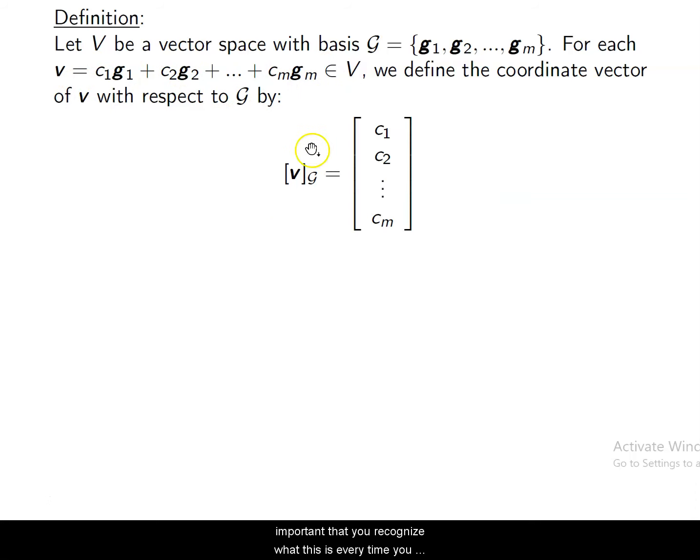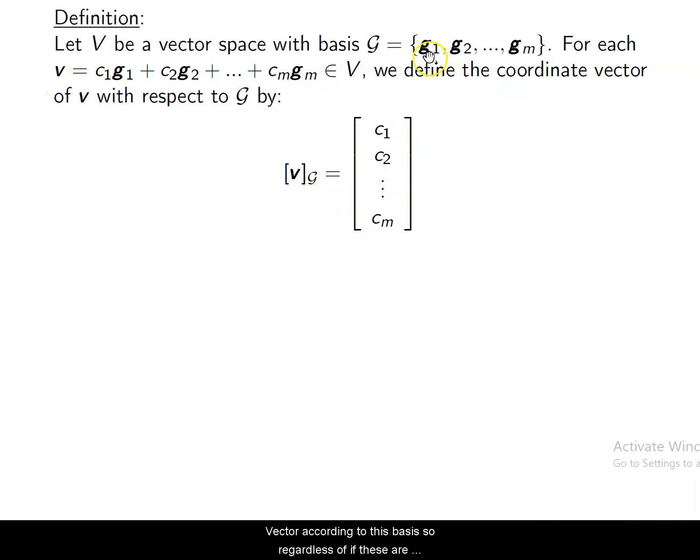Okay, so it's very important that you recognize what this is. Every time you see the little bracket with the subscript of the basis, you will have a column vector. It will always be a column vector no matter what space we're in. This is the coordinate vector representation of this vector according to this basis.